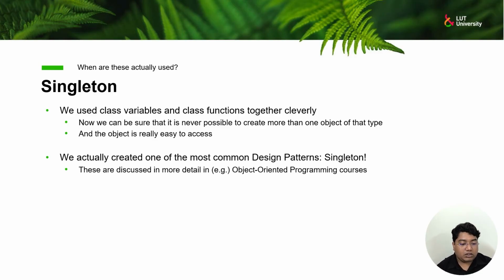Because the constructor is private, nobody outside can instantiate anything at all. The only way to get a database object is by calling getInstance. That means the class stays in control, and we can guarantee that only one instance ever exists.